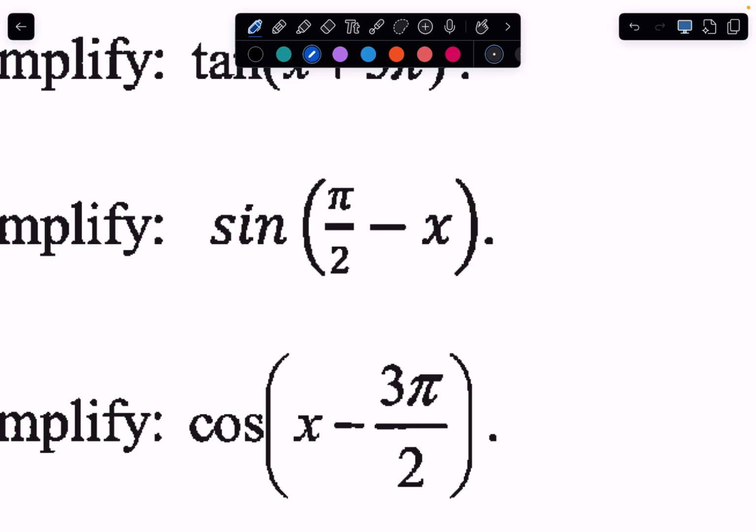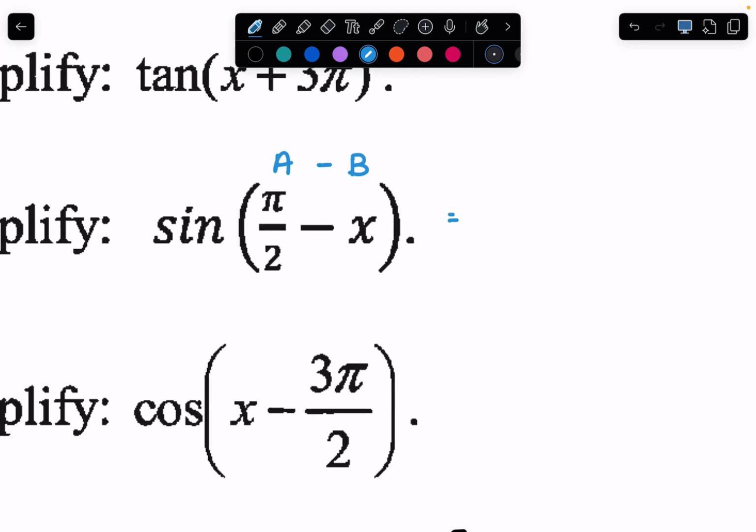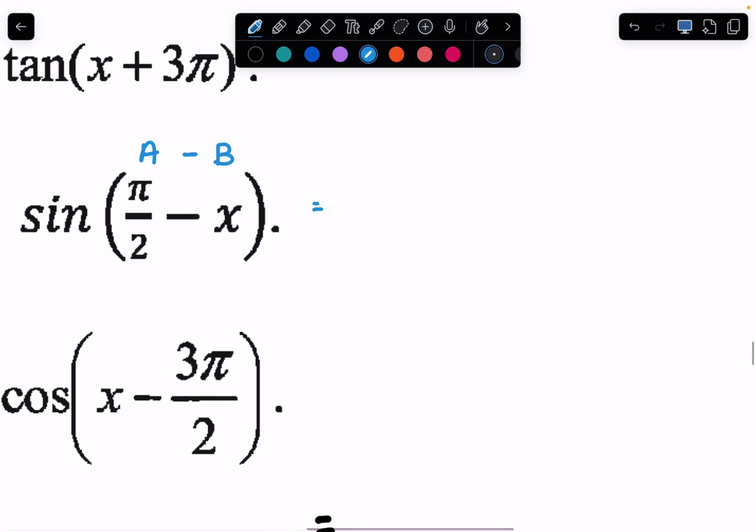So this is a minus b. So you would go to your sheet and look for sine a minus b, and it is sine a cosine b minus cosine a sine b, okay?